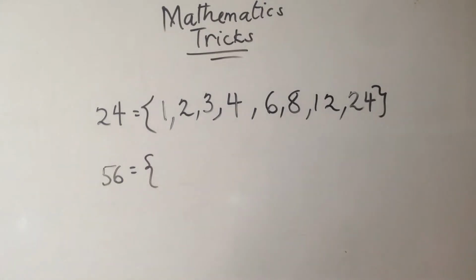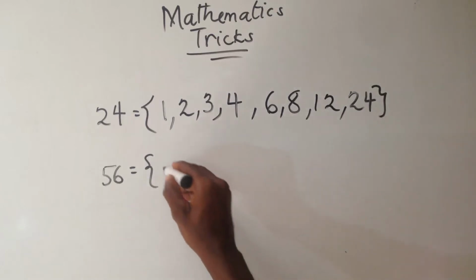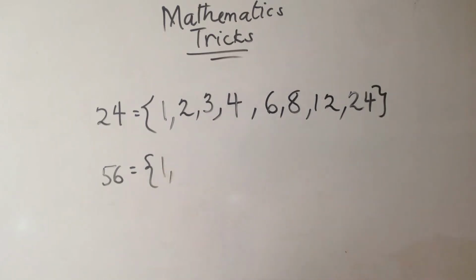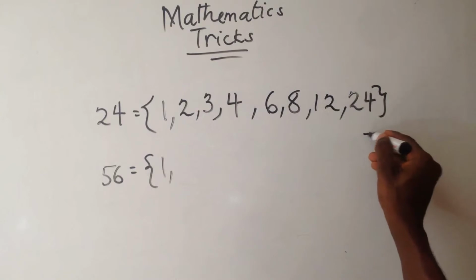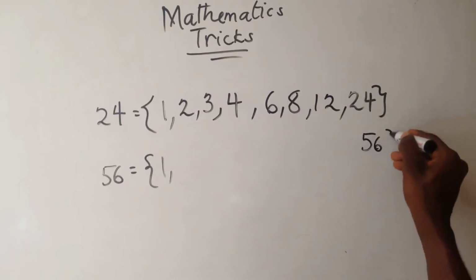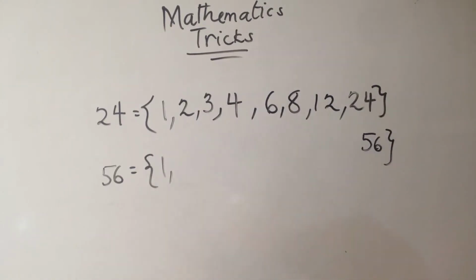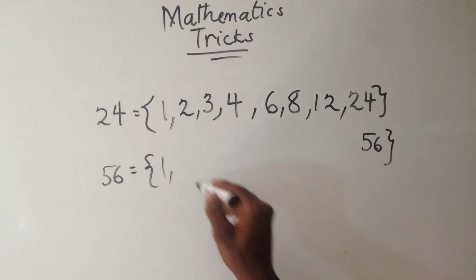So what are the factors of 56? Well, the very first factor we know is 1. And 1 times 56 equals 56. The next number that can divide 56 without a remainder is 2.